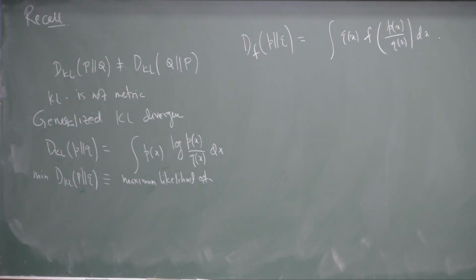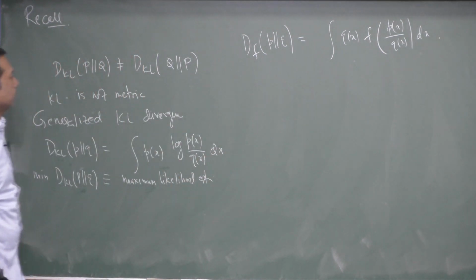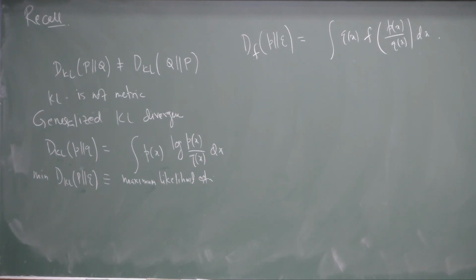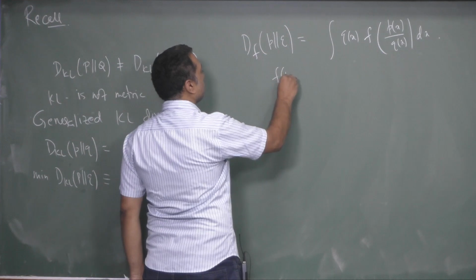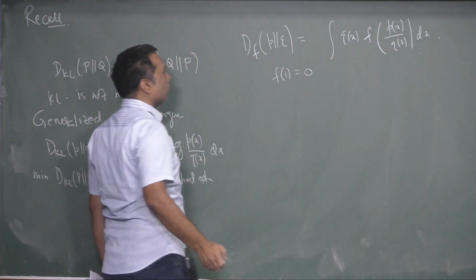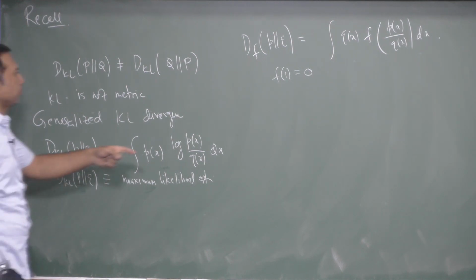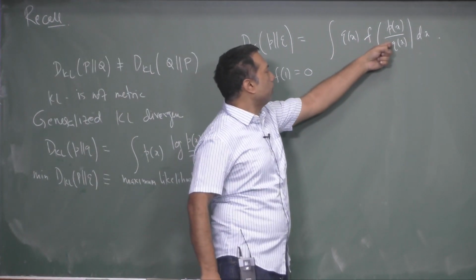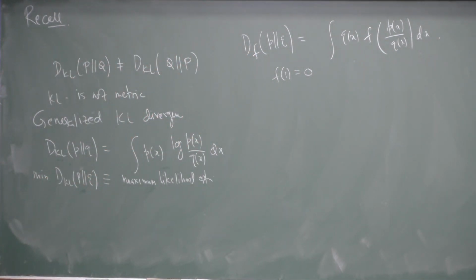There is a paper I cited where they do a detailed study of F divergence. F not only has to be convex, but F of 1 must be 0, because that signifies this is a good measure, in the sense that when P(x) equals Q(x), I expect this measure to be 0.